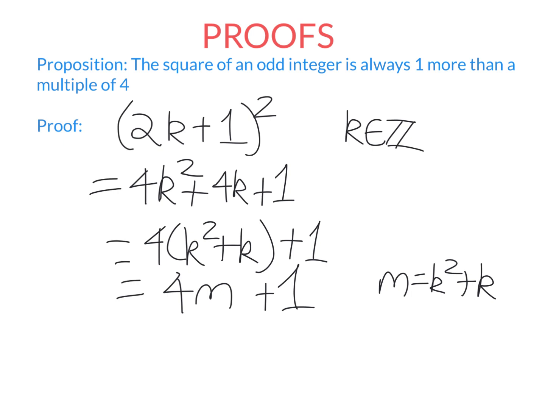That's called closure, which we saw when we were looking at rational and irrational numbers. Closure is an axiom of real numbers. You can't actually prove it true. We rely on that to prove other statements. This step also relied on the distributive law, which is another axiom of real numbers.